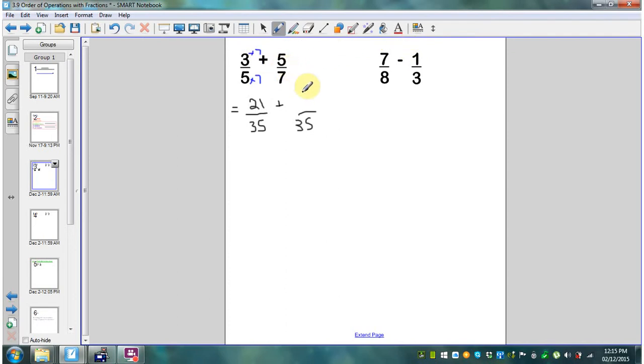So what did I multiply 7 by to get 35? I multiplied 7 by 5. Whatever I do to my bottom, I need to do to my top. So 7 times 5 is 35. 5 times 5 is 25.